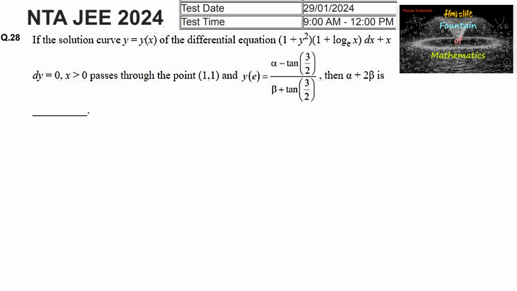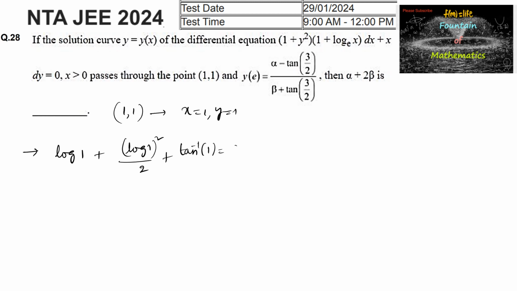Now since it is passing through the point (1, 1), we can substitute x = 1, y = 1. So substituting, log 1 plus (log 1)²/2 plus tan inverse of 1 is equal to c. So the log 1 value is 0, and here also 0, plus tan inverse of 1, which is pi by 4, is equal to c.